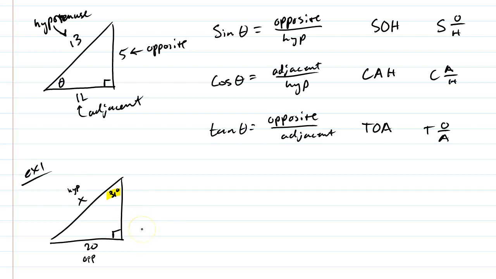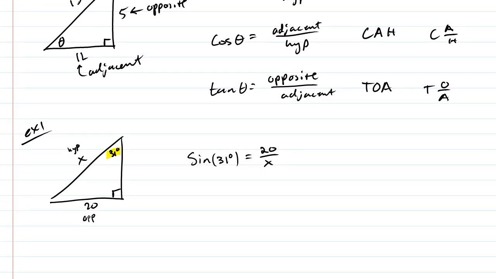Since it's opposite and hypotenuse, we're going to go with sine. So we're going to write sine of the angle. You always put the angle in the trig function, and you set it equal to the ratio, opposite over hypotenuse. This will be 20 over x.